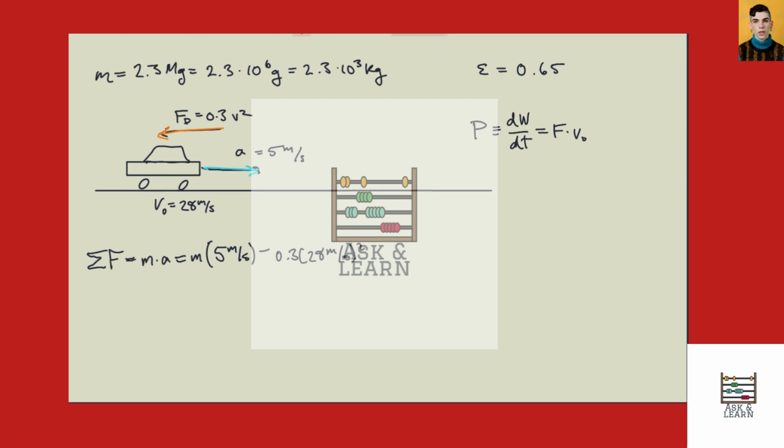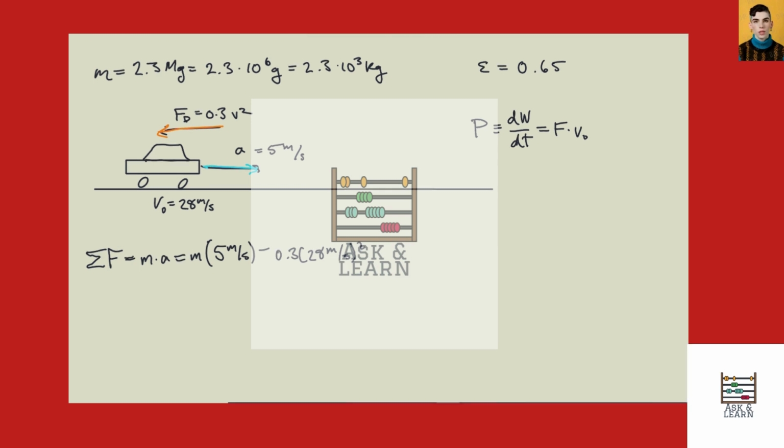Okay, so let's just use a calculator here. We don't need this side of the equation, right? Because we'd just like to calculate the total net force. This equals the net force. So let's plug in this mass here.